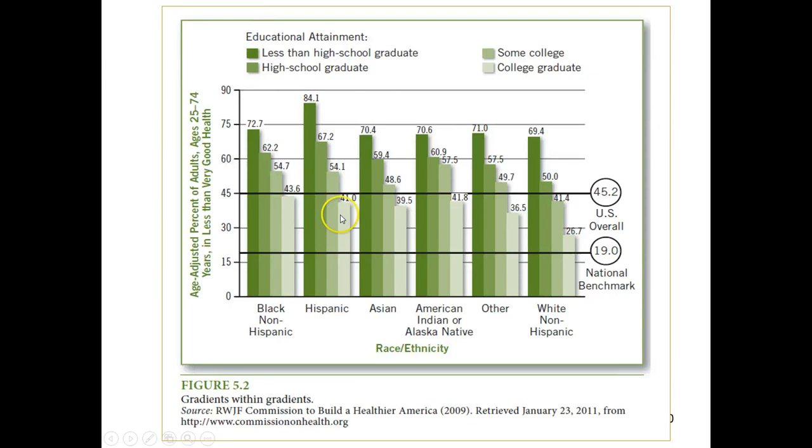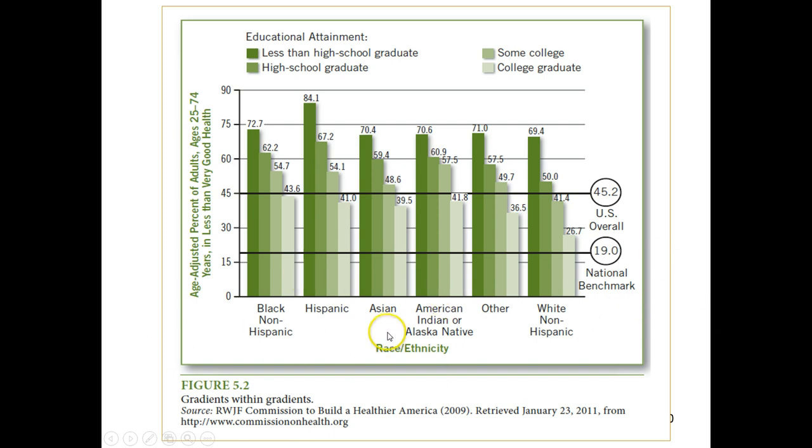Population health also tries to look at socioeconomic factors. This graph shows level of education attained, with the different colored graphs, and then the different bars broken out here are race or ethnicity.